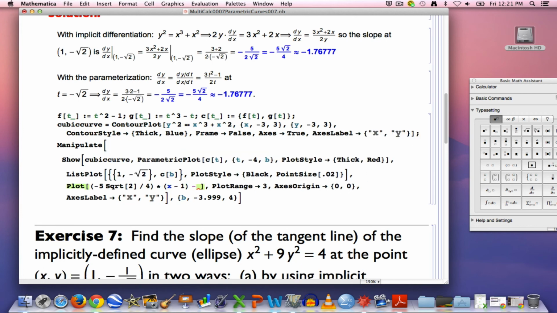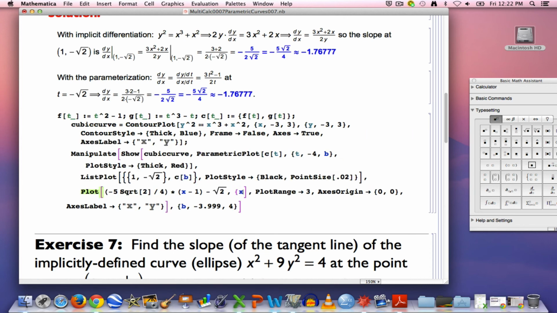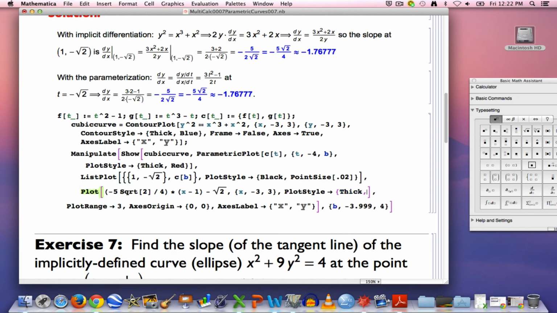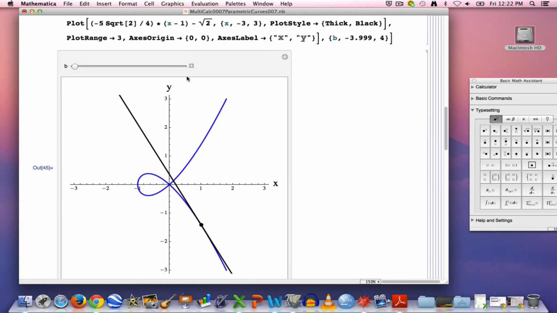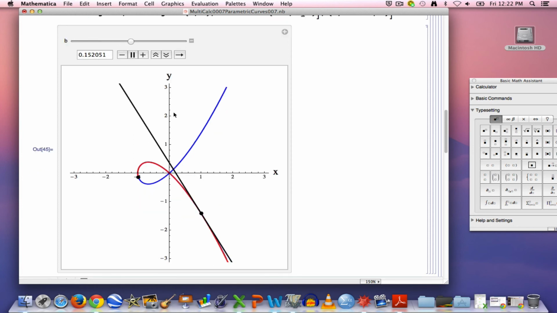I would encourage you to think about why this works. This is an expression that, as a function of x, we can plot to get the graph of the tangent line. And let's make this be black. There it is. You can see it looks like a tangent line, and indeed that is the tangent line to the curve at that point.